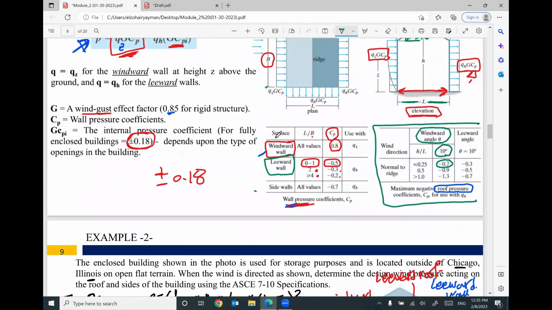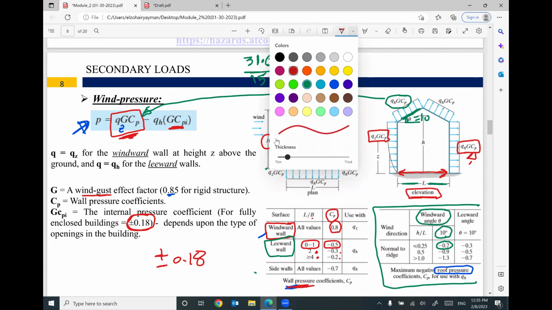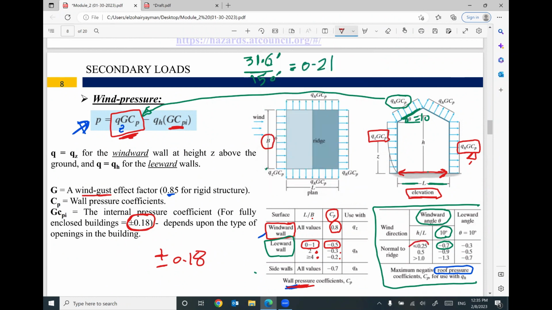If you divide this one by this one, 31.6 divided by 150, I got 0.21. This value 0.21 is in the range of smaller than 0.25.